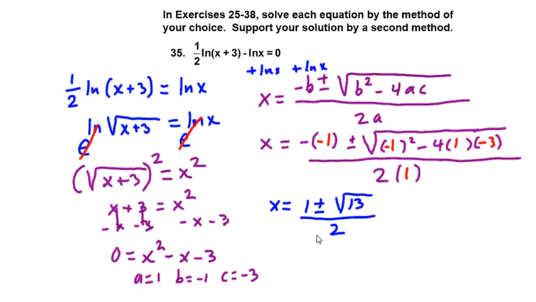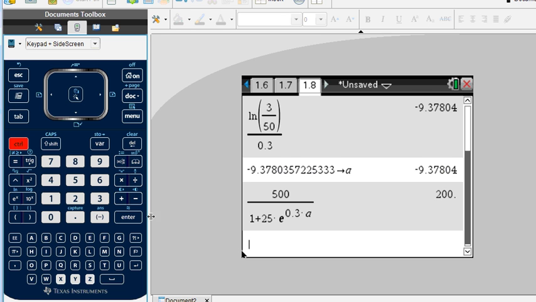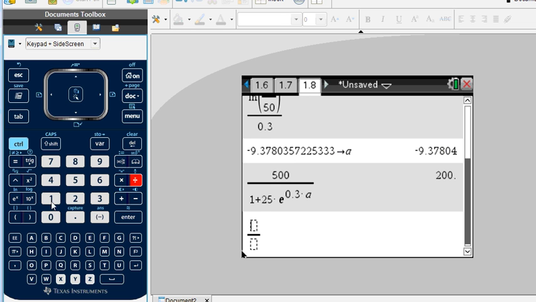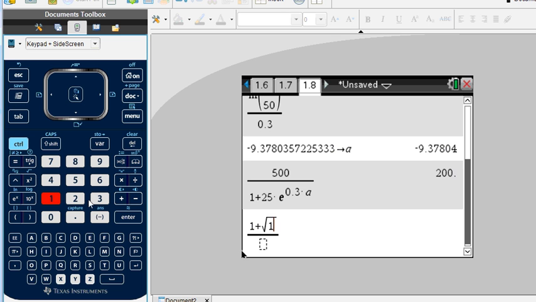And so in our calculator, I'll just put this down, x equals 1 plus square root of 13 over 2. So let's do that. Control, 1 plus square root of 13 over 2.